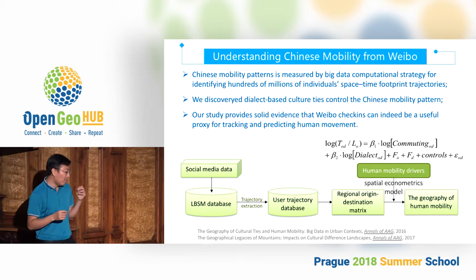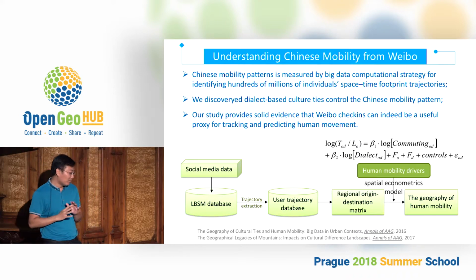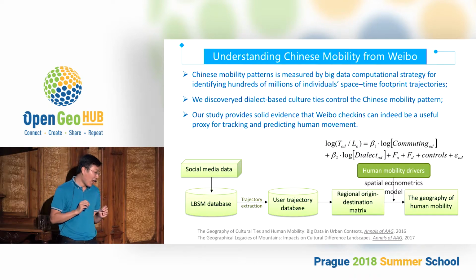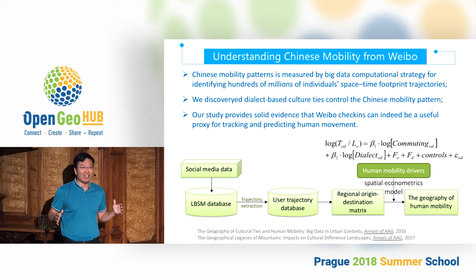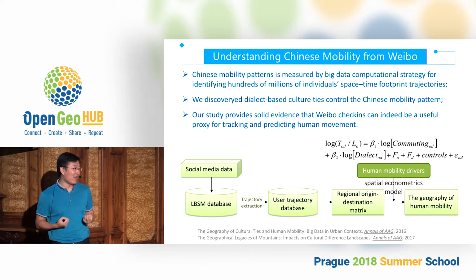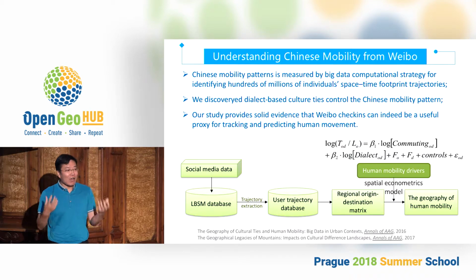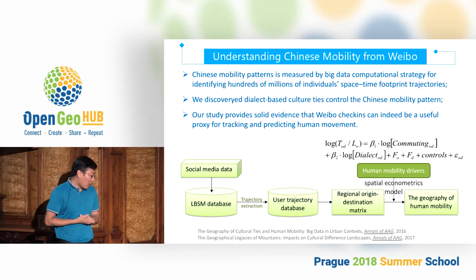The Chinese mobility pattern could be measured by this kind of big data computation strategy, for hundreds of millions of individual spatial temporal footprint trajectories. You can imagine, if the number of users becomes very, very big, and we aggregate them, we can get the main result.